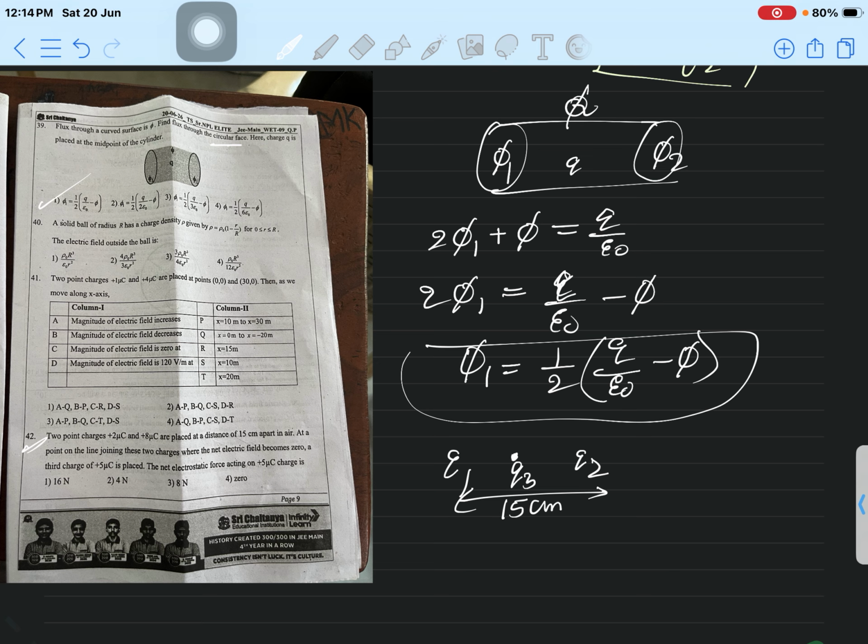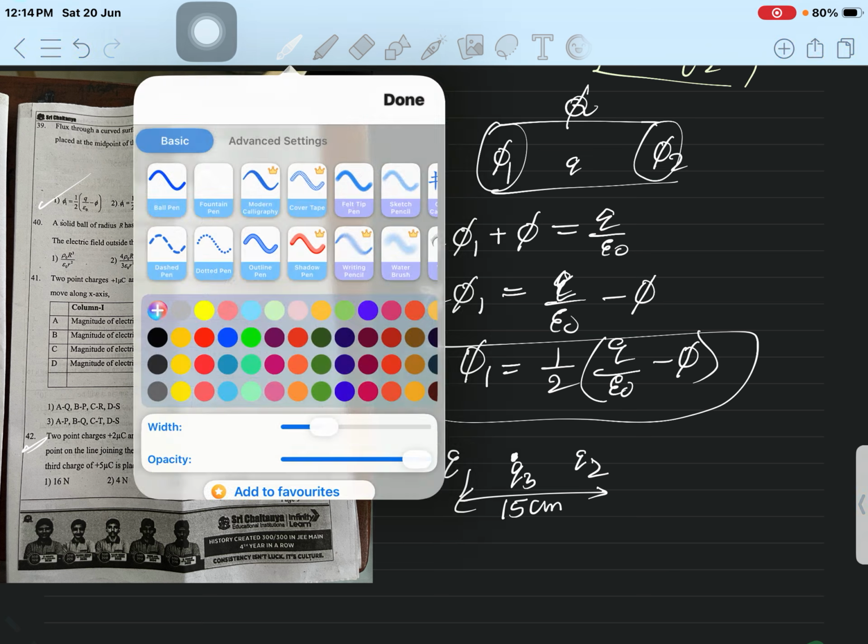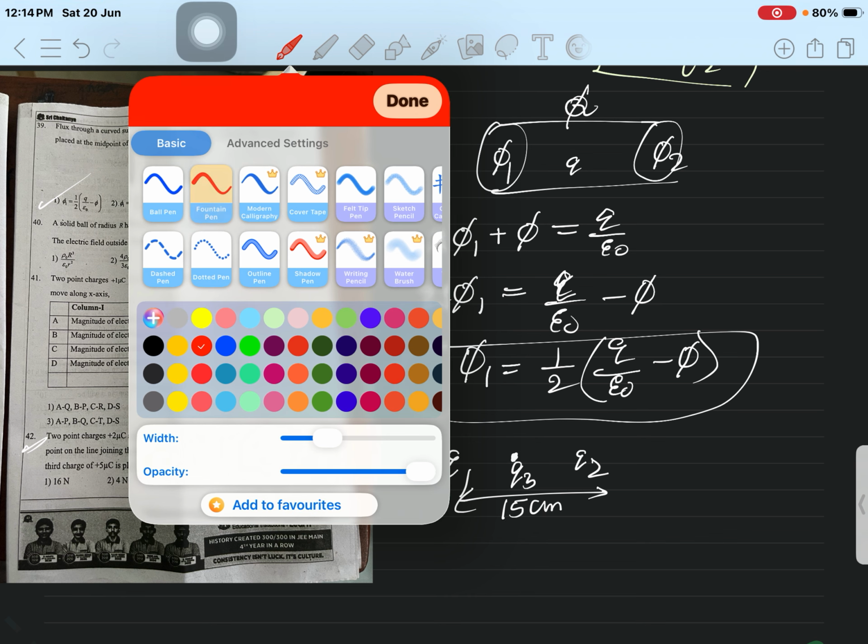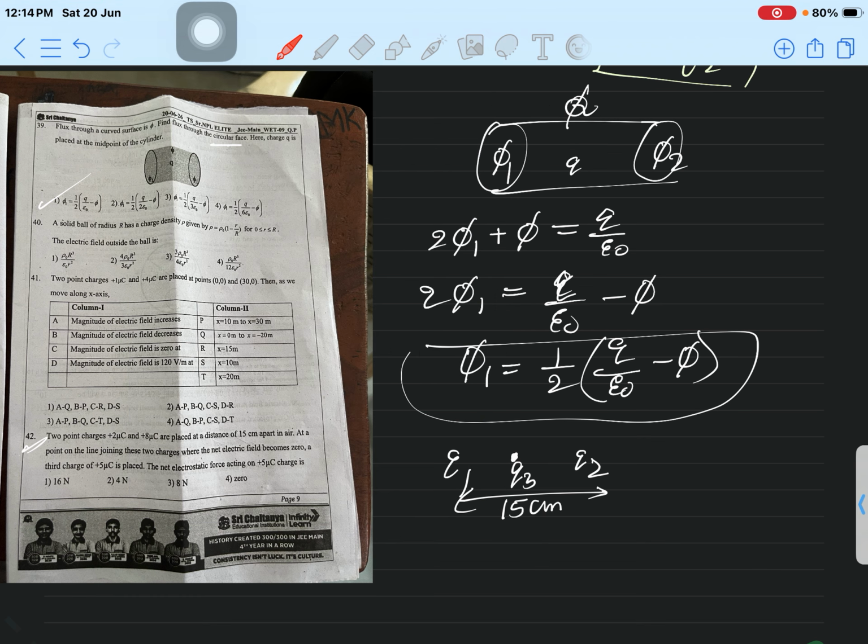Net electric force acting on plus 5 microcoulomb is simple, sir. If Q3 is placed at the null point, we already learned, what is the formula of null point, sir? X is equal to d by 1 plus root q2 by q1. I told, if the charges are same, then the formula will take plus in the denominator, and x is calculated from q1, sir. That means we are calculating x here. So what is the answer?